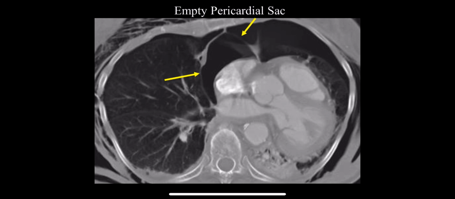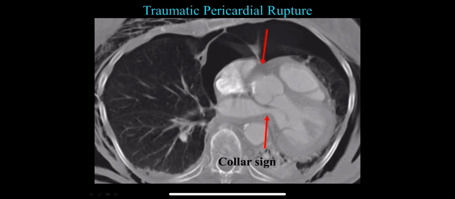In addition, we see a very unusual appearance of the heart, where the apex of the heart is projecting more posteriorly as opposed to anterolaterally. And then we see what's been termed the collar sign, where we see this narrow waist of a portion of the heart. And so this is a classic appearance of traumatic pericardial rupture. So very unusual diagnosis, but critical to make this diagnosis because prognosis is very, very poor without surgical intervention.